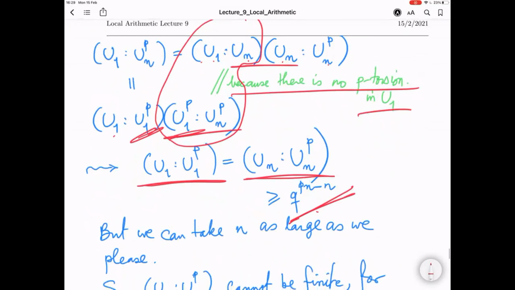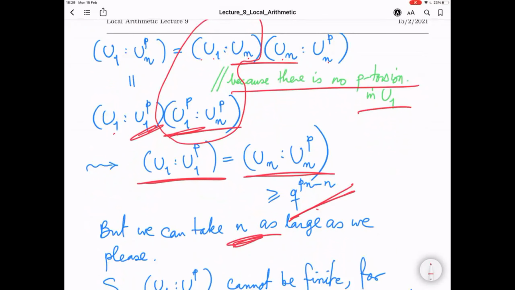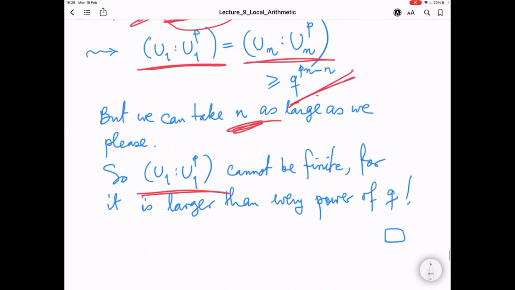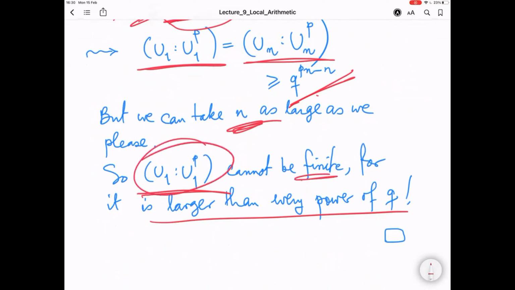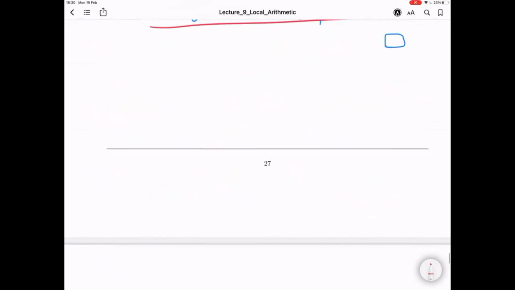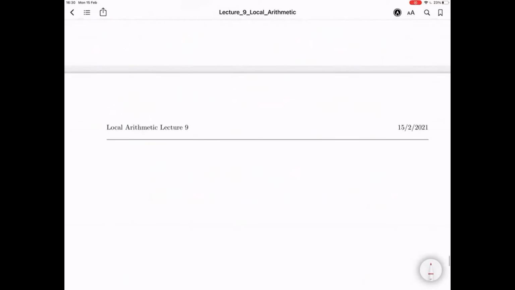But this n can be chosen to be arbitrary, as large as I wish. But this is a fixed index. If it is finite, it cannot be bigger than every power of q. So we have arrived at this absurdity by assuming that this index is finite. So the only escape is to conclude that this index is not finite.